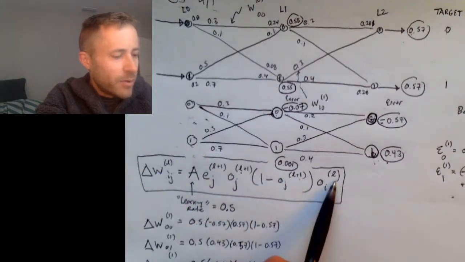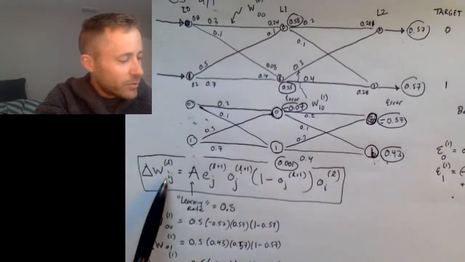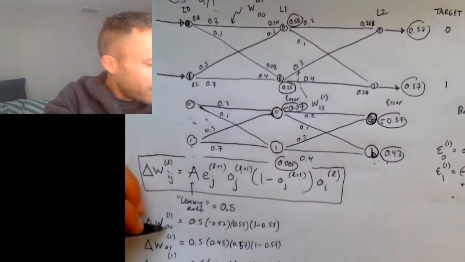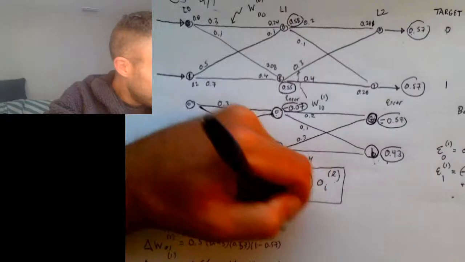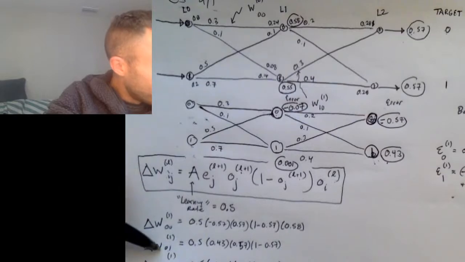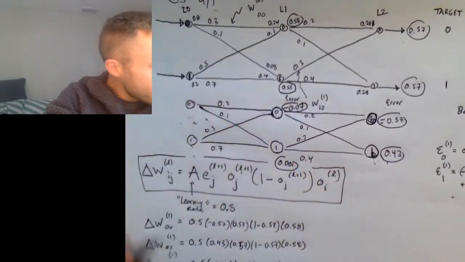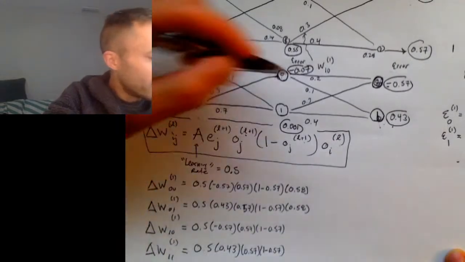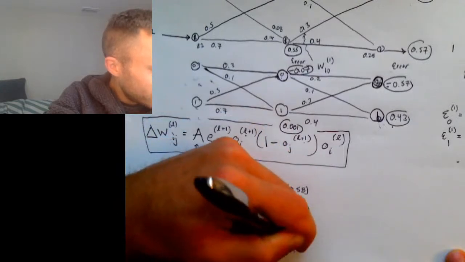So this would be the output of layer 1 essentially, and then we're going with the I index, which is the index in front. The 0th output of layer 1 is 0.58. The 1th output of layer 1 is 0.55. And this is also 0.55.